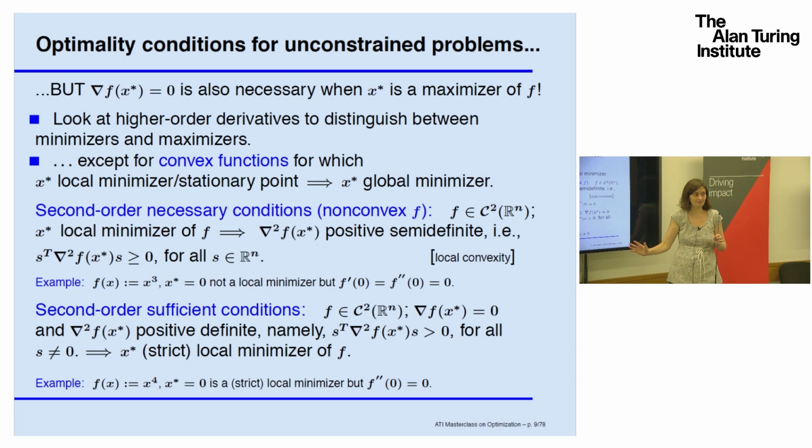Everything is the same. So try to keep this simple picture in your mind: if a function is convex, then I have no problem. And if you have an optimization question and you know it's convex, then you can do a lot more, probably, than what I will talk about here.